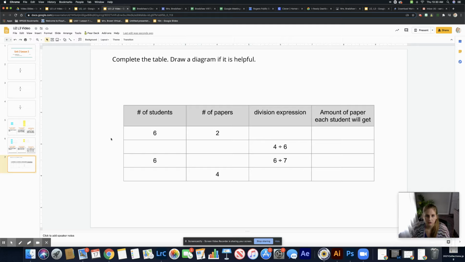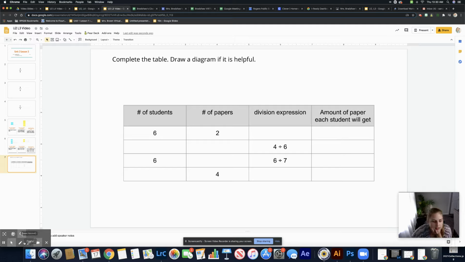Complete the table. Draw a diagram if it is helpful. So I have this table. It says number of students, number of papers, and a division expression I can use to find out how much paper each student will get.